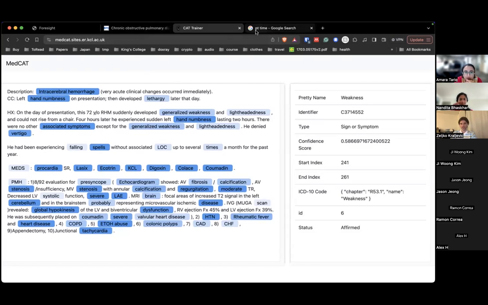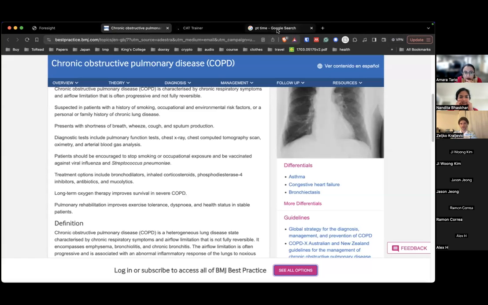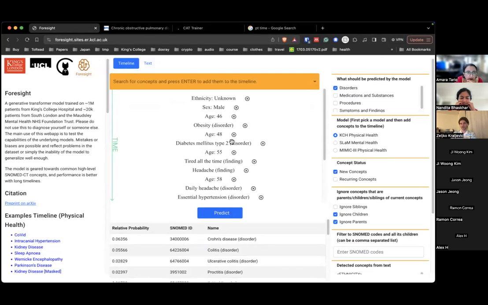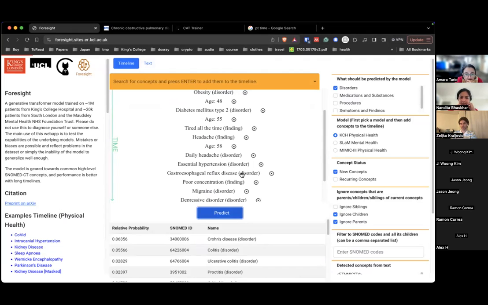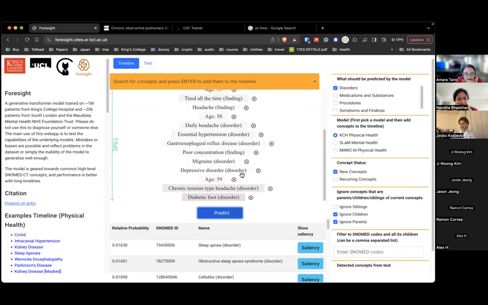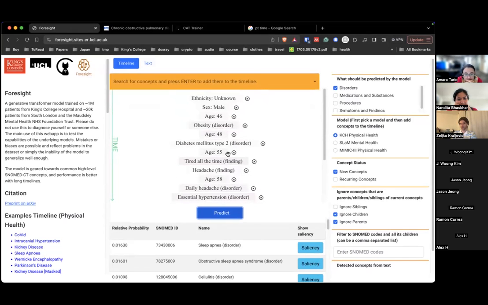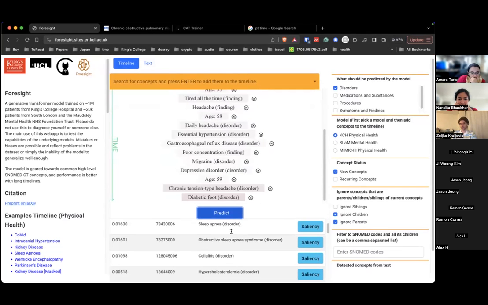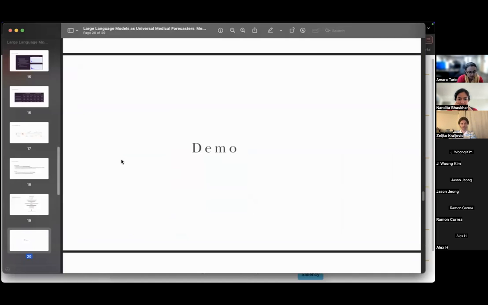Okay, what I just wanted to show on Foresight was that when you are doing the timeline and your prediction, you also have a saliency, which shows you what was important for this model. What did it use from this patient's past to predict the future?